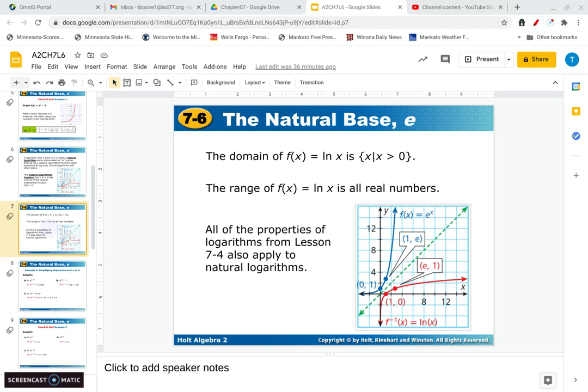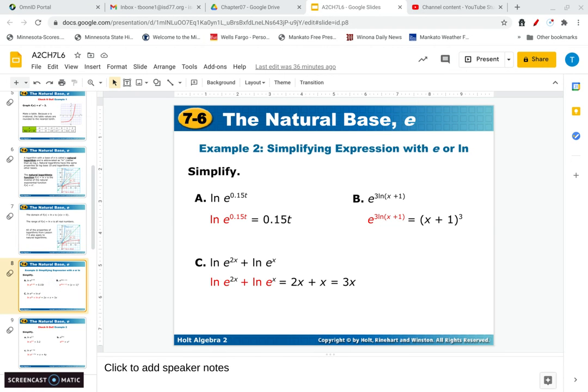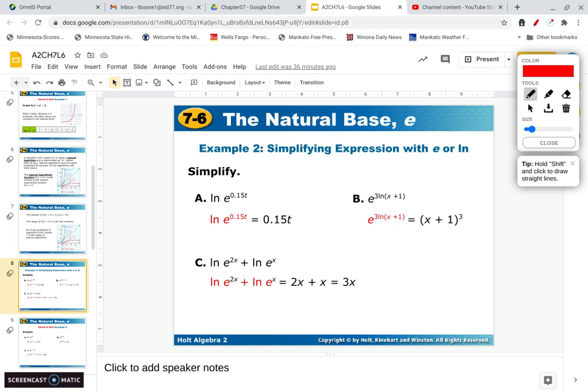So we're just looking at the properties. All those that we learned in 7.4 apply. So let's look at some of those. If it's natural log, ln, it's basically asking e to what power gives e to the 0.15? Well, it's 0.15. For this one over here, what I would do is move that 3 so that it's over here, and you can put that back over there. So e to the natural log, that's log base e, those cancel each other out, and that's what you get there.